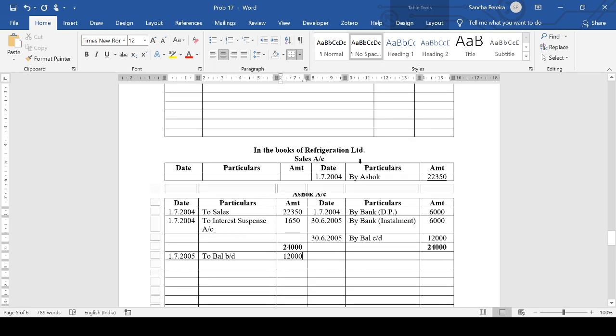Now, in the sales account, we have an entry only for the first year, so the sales are transferred to the trading account. Whatever balance is there, to trading account 2235. So, there is nothing else happening in this account.